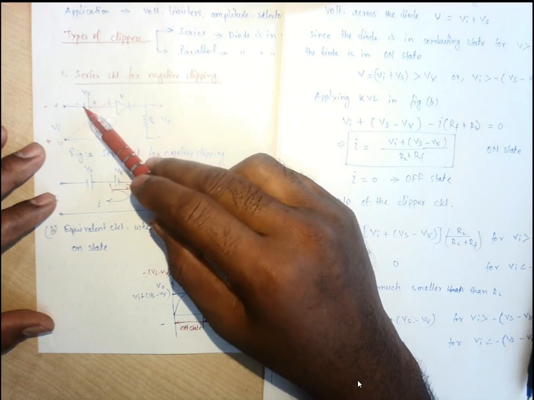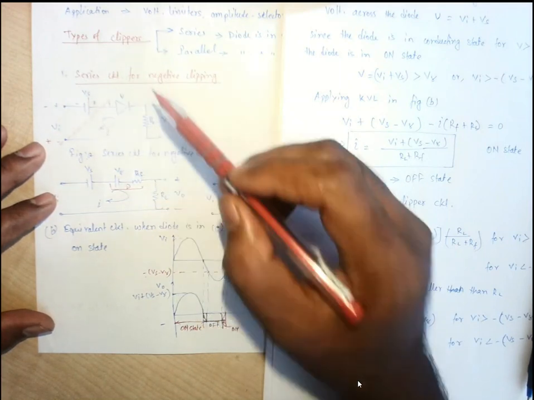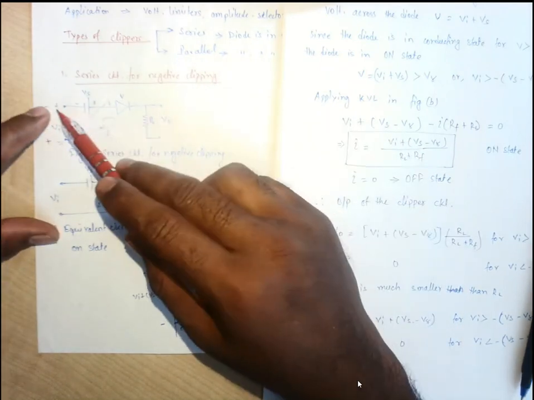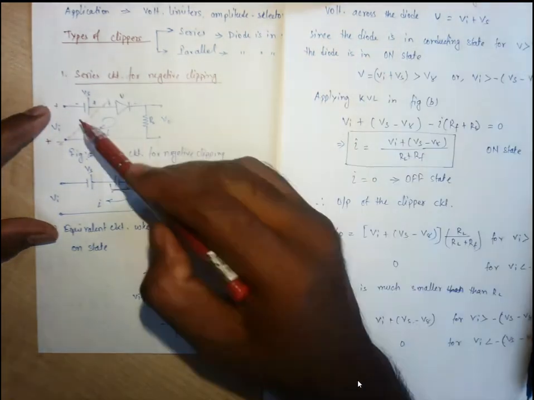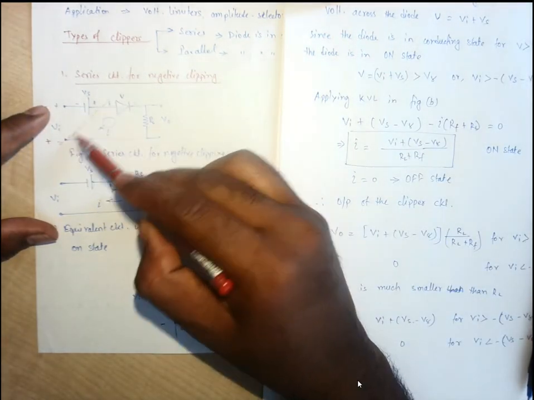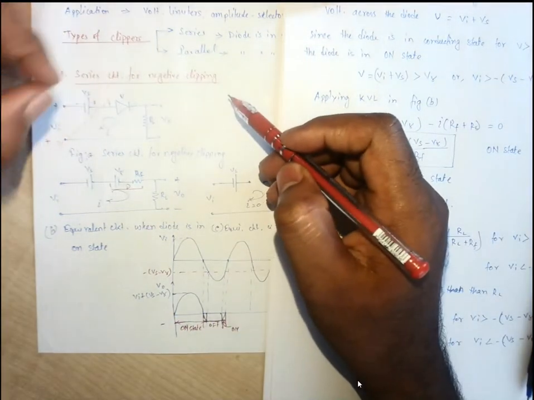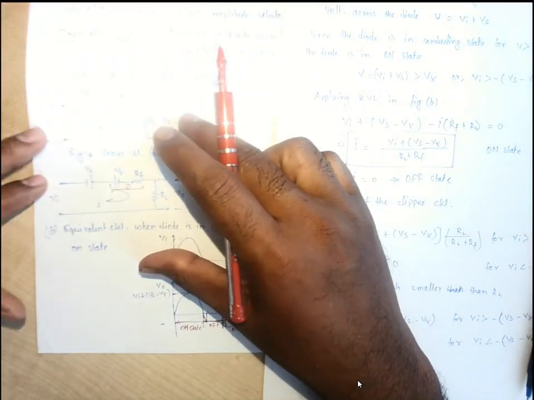For this case, yes, Vs is there. It has the influence to make the diode on or off. Obviously for the positive half there is no problem, because this part is completely supporting the diode during the positive half, because the cumulative voltage is positive. The scenario will change when it is negative.